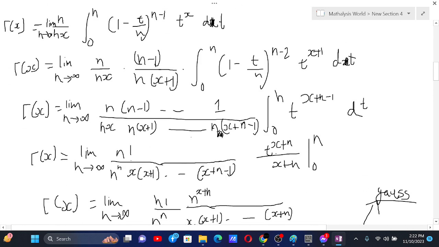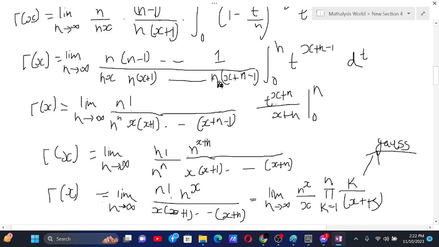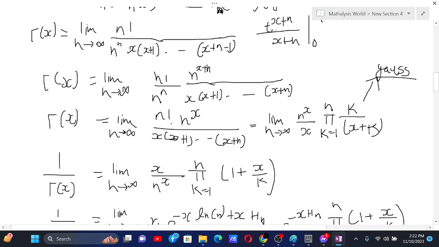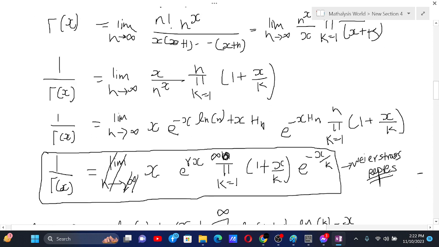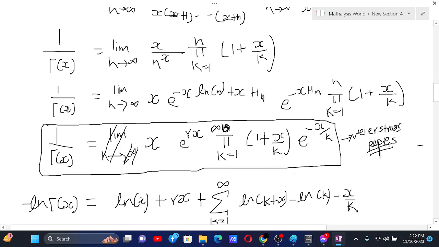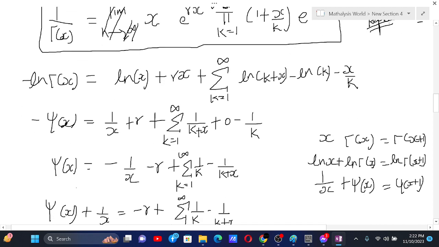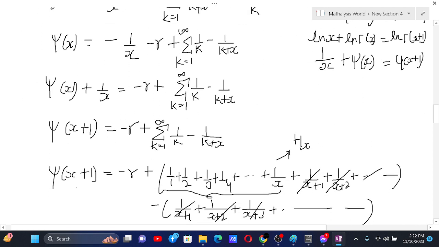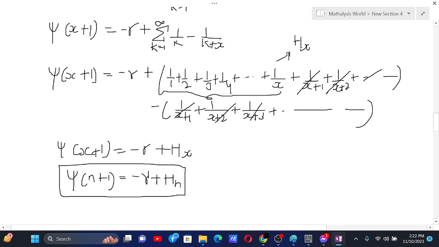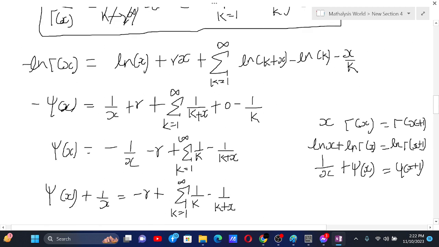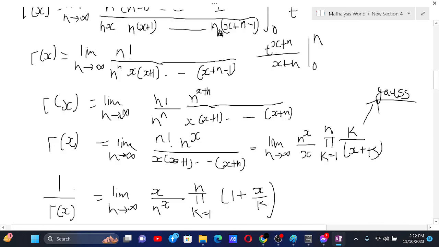And then to another representation of the product where there was no infinite term, and then to the Weierstrass one, and then to the infinite series representation of digamma, and then finally we got the beautiful equation in maths. So this was a long journey, but I believe it was an interesting one and a fruitful one, and that you enjoyed.